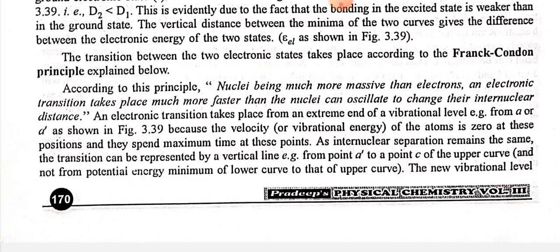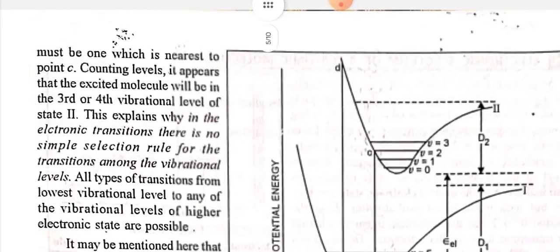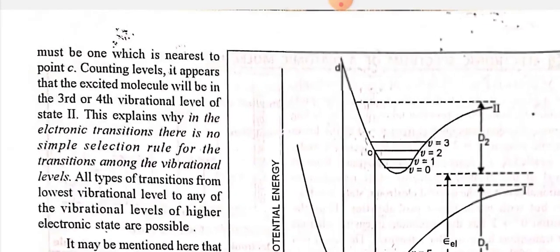As the internuclear separation remains the same, the transition can be represented by a vertical line from point A' to point C of the upper curve, and not from the potential energy minimum of the lower curve to the upper curve. The new vibrational level must be the one nearest to point C. Continuing the line, it appears that the excited molecule will be in the third or fourth energy level of state 2.